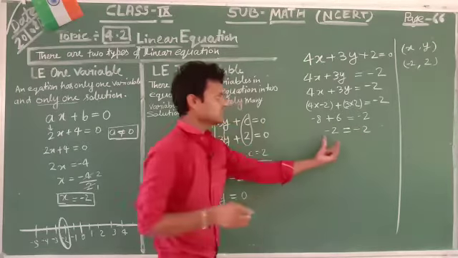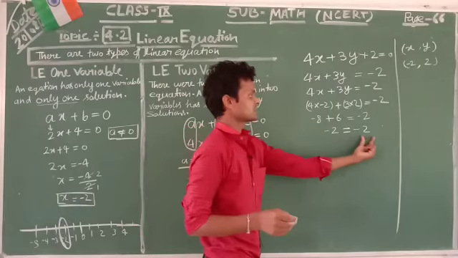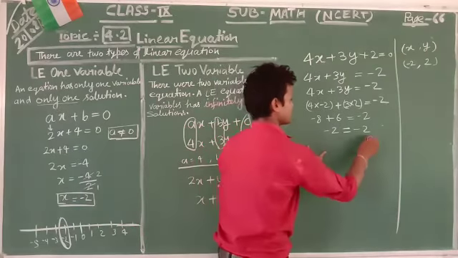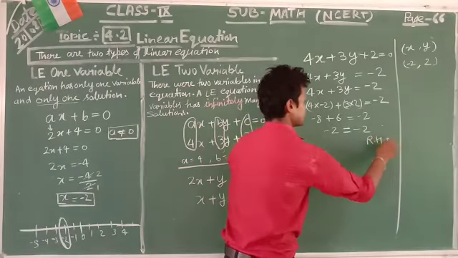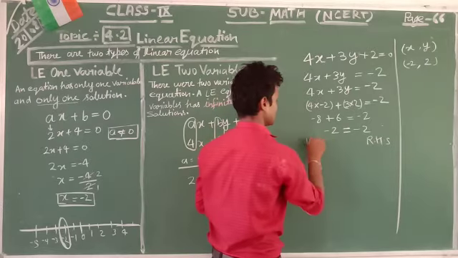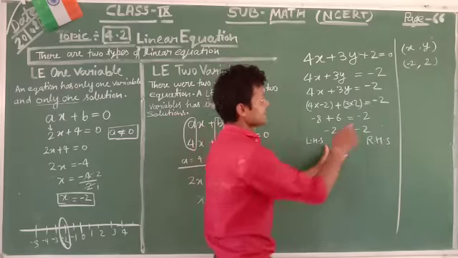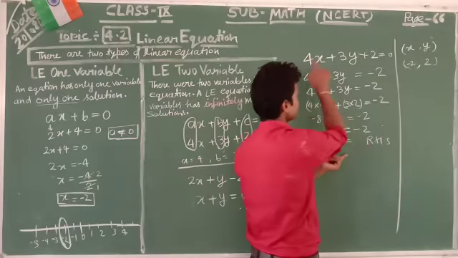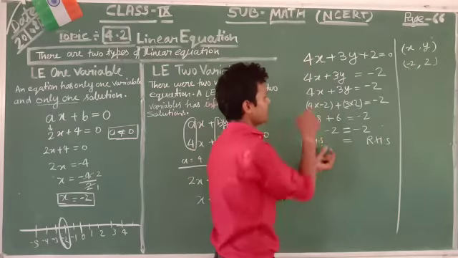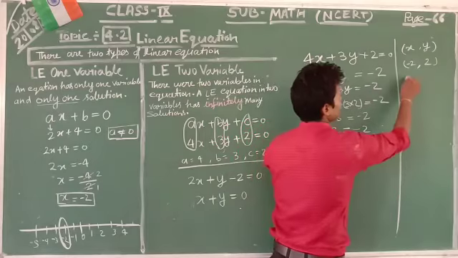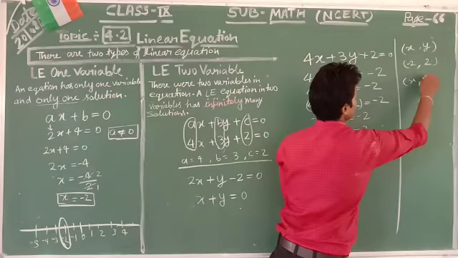You look here, RHS and LHS are similar, equal. That is, this root satisfies this equation.